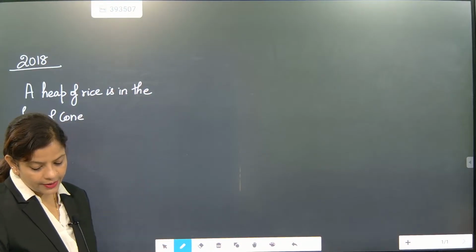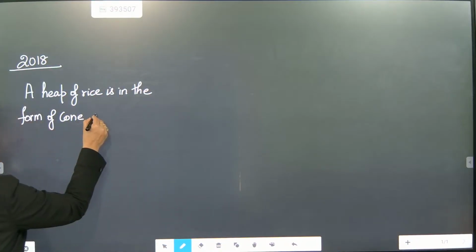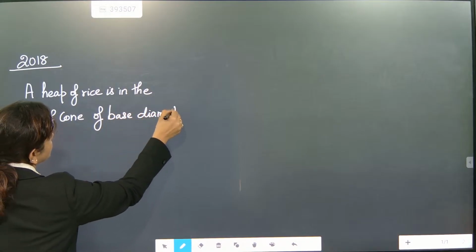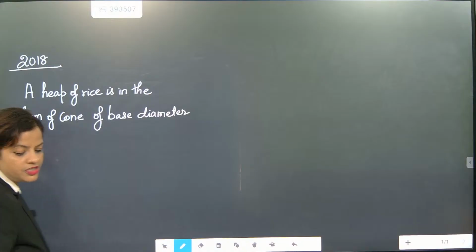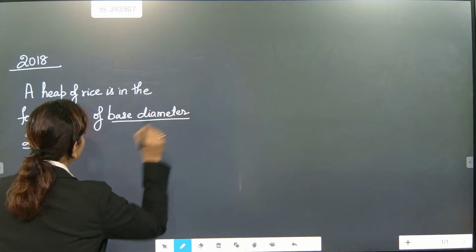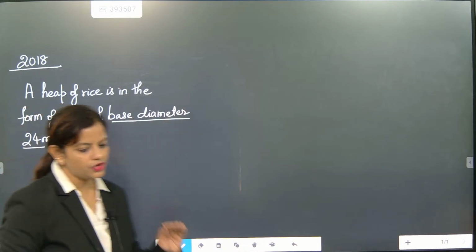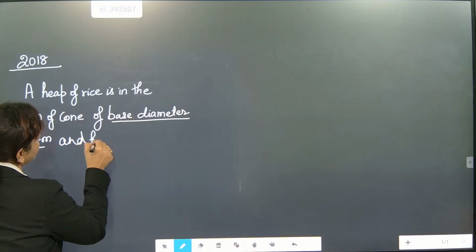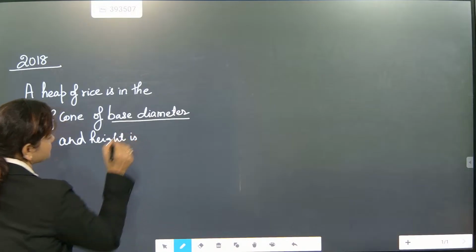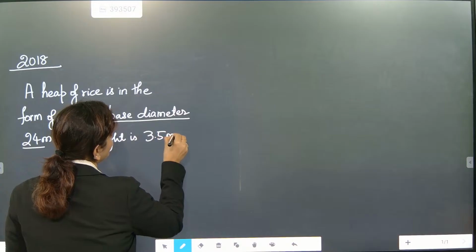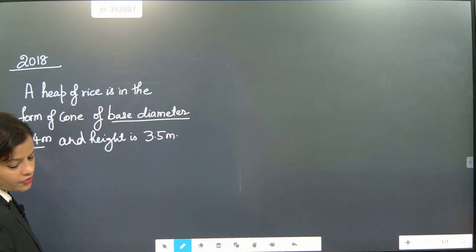After that, what they are telling: of base diameter 24 meter. So the base diameter of the cone is 24 meter. I underlined the specific thing that you need to know. Next part, beta. And height is 3.5 meter. Now find the volume of rice.